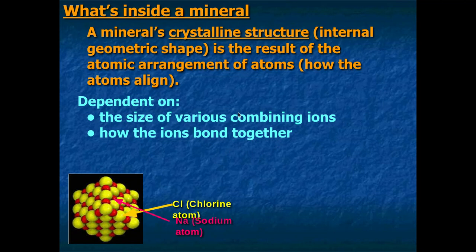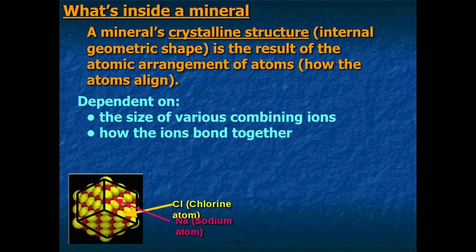The example I have is at the lower part of your screen. We look at sodium chloride. We look at a salt crystal, and basically what we see is a sodium atom combining with a chlorine atom. And because of the sizes, because of the fact that the chlorine, or the anion, is much larger than the sodium atom, which is the cation, it arranges itself by geometry into cubes.